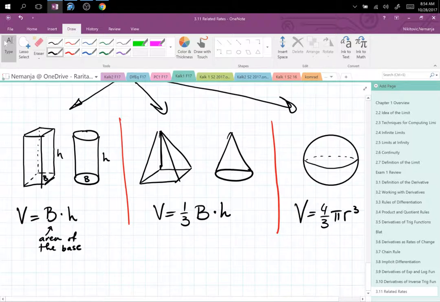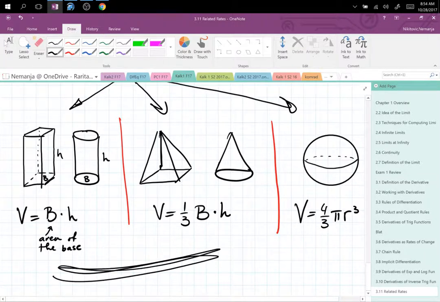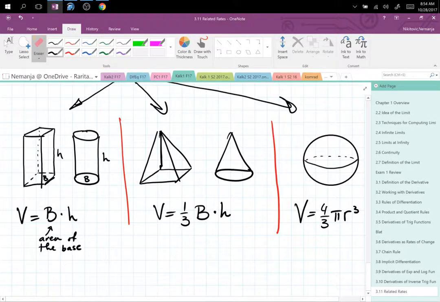You can also prove it in Calc 2. So you see that these two are pretty much the same. It's 1/3 in front, and this is the one that is different than all of them.